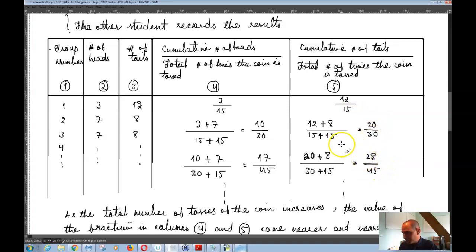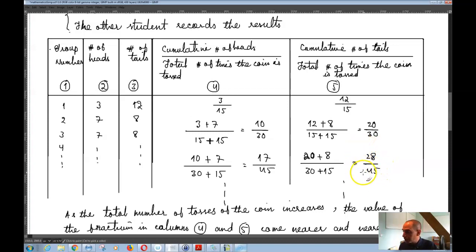So the empirical probability depends on the number of trials undertaken and the number of times the outcomes you're looking for come up in these trials. This is the number of outcomes you're looking for that come up in this total number of trials.